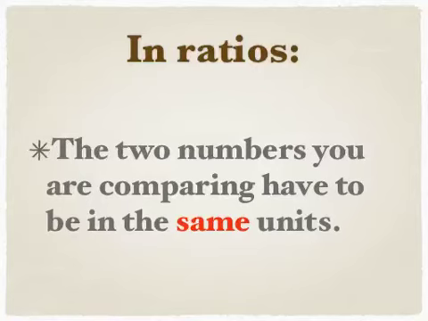So if I'm writing a ratio of time, I either need to be comparing hours to hours, minutes to minutes, or seconds to seconds. I'm not going to want a ratio that's comparing seconds to hours. So we're going to have to manipulate the measures to be in the same unit.